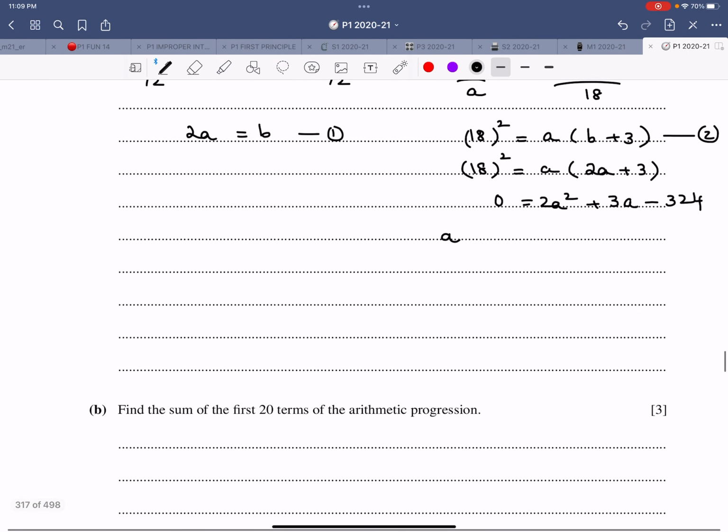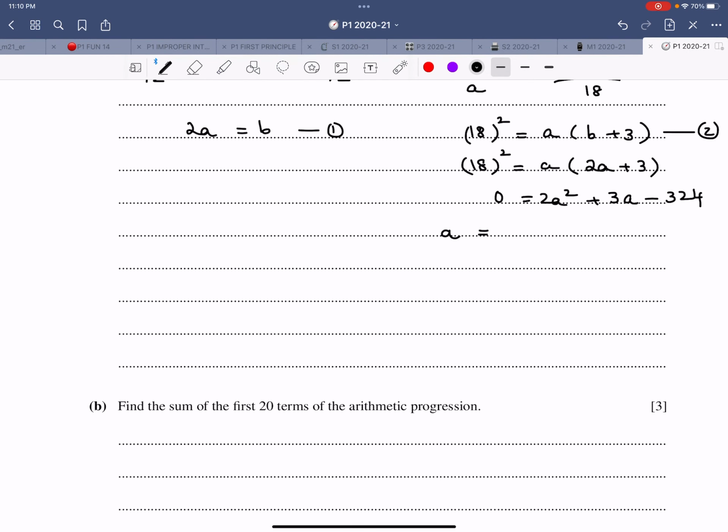So a is something and a is something, and that will give us corresponding values of b. So basically it's a question that is about quadratics, and at the same time about simultaneous equations. So basically you solve for a, you solve for b, and you get two answers.